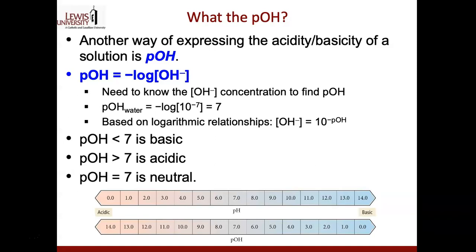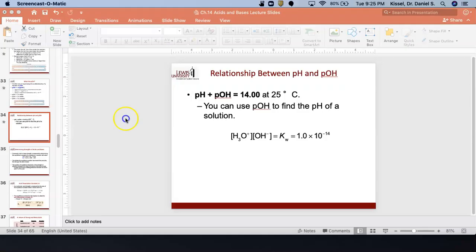If you look at how pH and pOH correspond, they're complements of one another, right? So for neutral solutions, they're both at 7. Anything acidic, the pH will be lower and the pOH will be higher. Anything that's basic, the pOH will be lower and the pH will be higher.